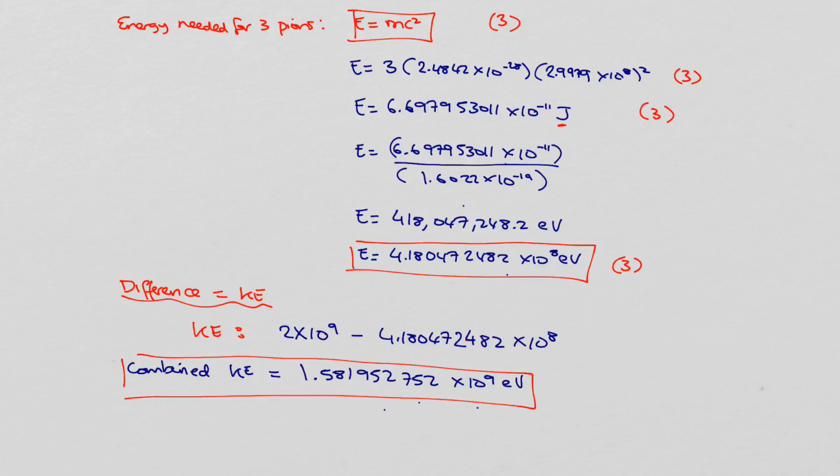And then we had 3 for getting it for the 3 pions, which I've already done at the start. So essentially there was 6 for using your E equals mc squared and then multiplying it by 3. And then we had 3 for getting the difference between the two. So in other words, 18 marks in total for that question.